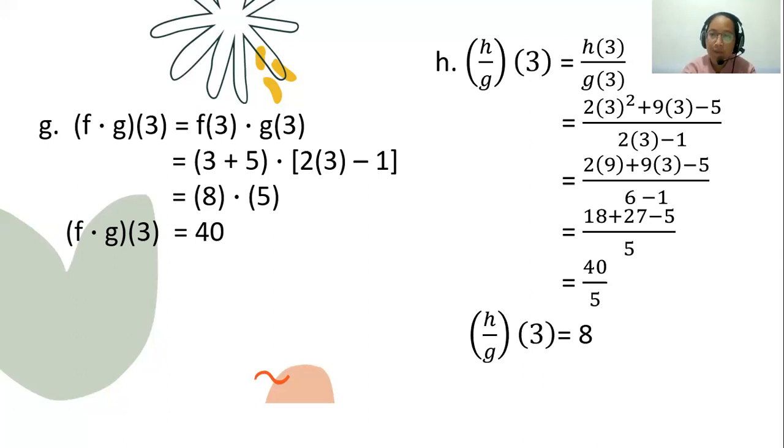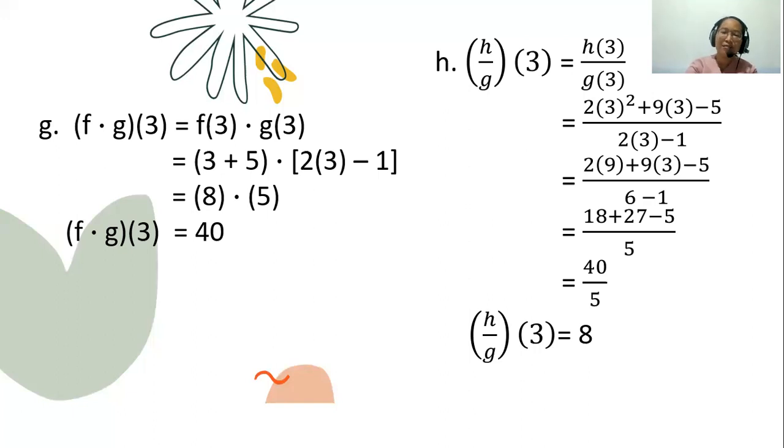So simplifying that, we have 2 times 9 plus 9 times 3 minus 5 over 6 minus 1. So 2 times 9 is 18, plus the product of 9 and 3, which is 27, minus 5. Then simplifying the denominator, we have 5. Combining all the terms in your numerator, we have 40 over 5. And simplifying the fraction, we have 8. Thus, h of g of 3 is equal to 8.